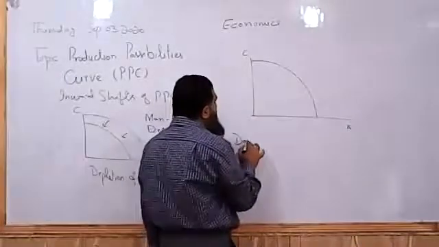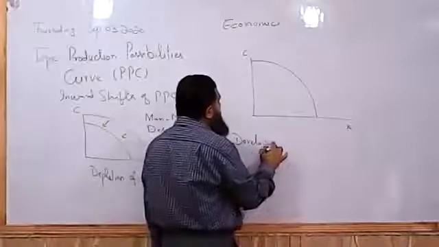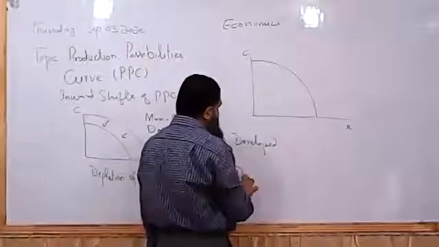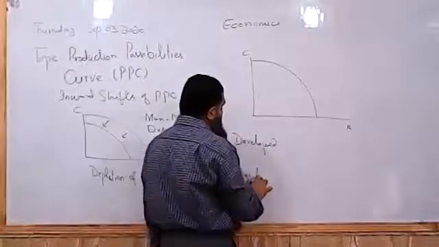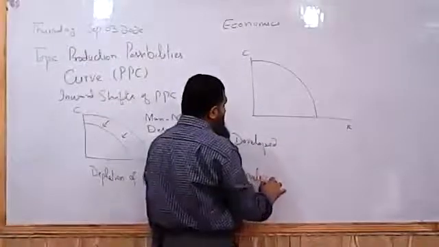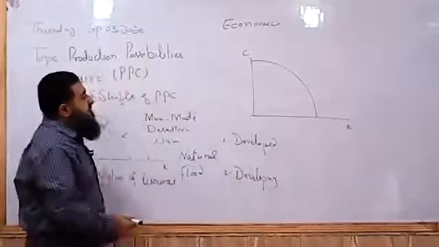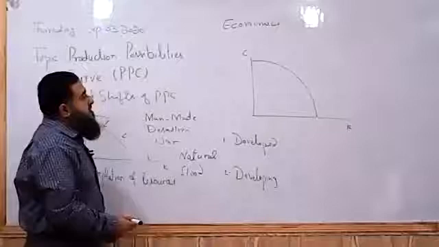One is called developed and another is called developing countries, like the poor countries. The developed countries, what types of goods are they producing? We can say their population size is less, so they are not producing too many consumer goods at present, rather they are producing more capital goods.